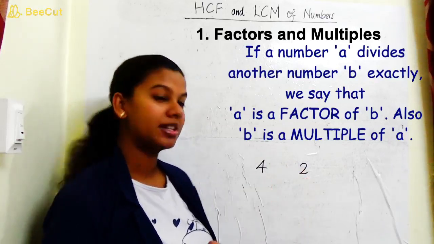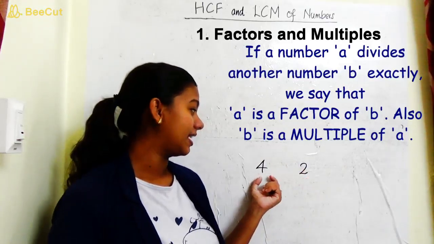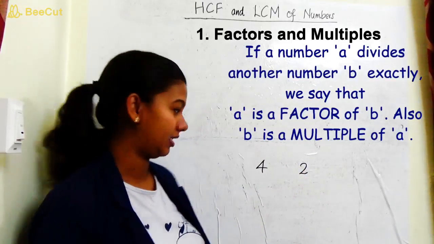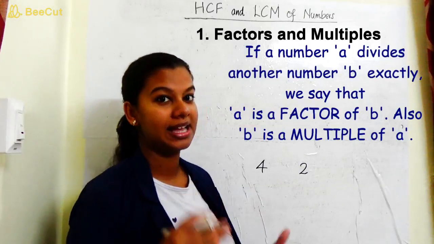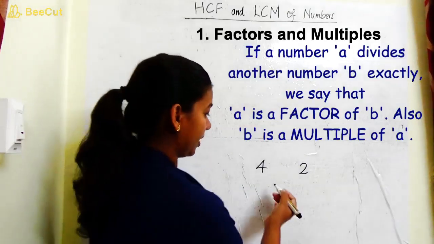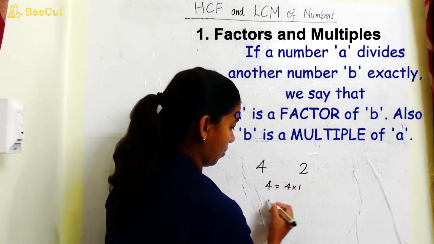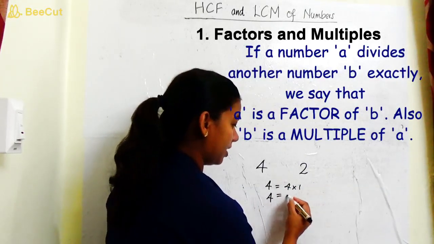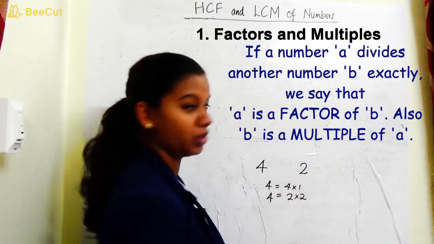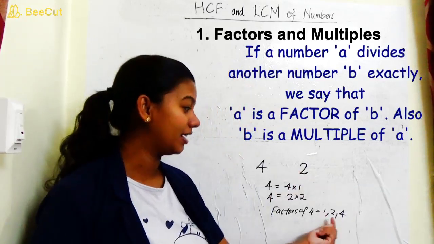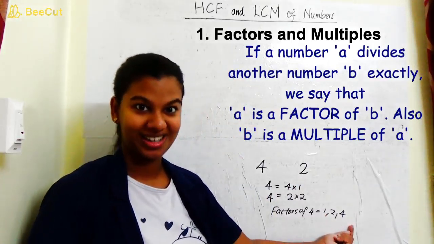If I consider the number 4, let's see what all factors are there. For a particular number, there will be some factors into which it can be multiplied. So 4 can be written as 4 into 1. 4 can also be written as 2 into 2. The factors of 4 will be 1, 2 and 4, right?